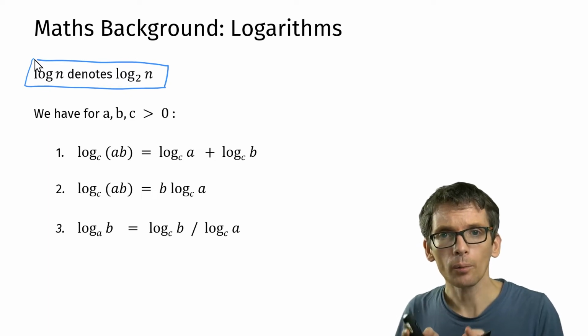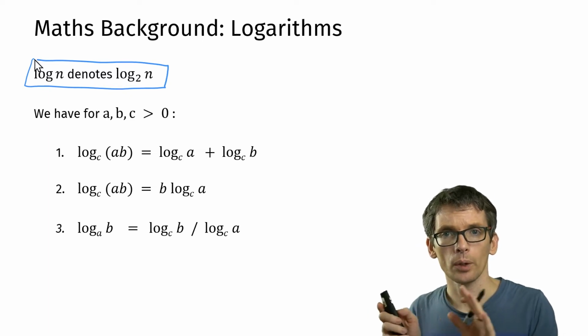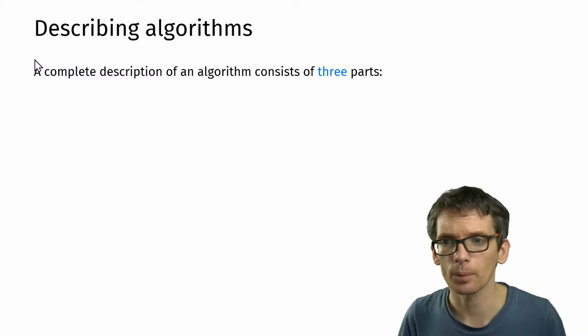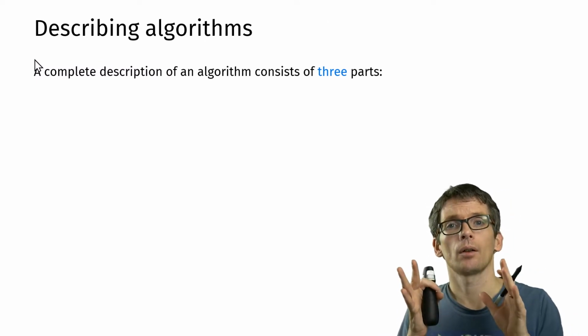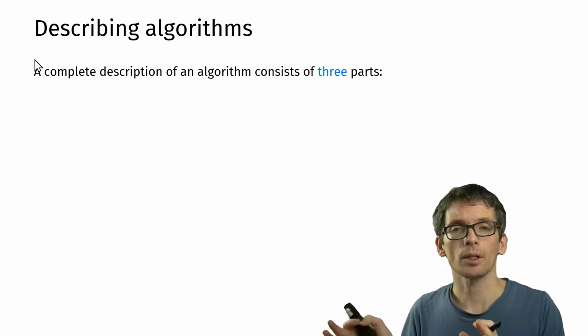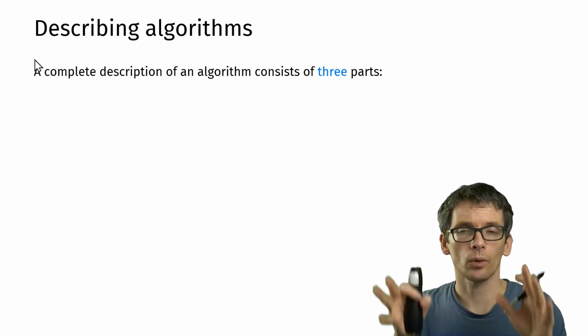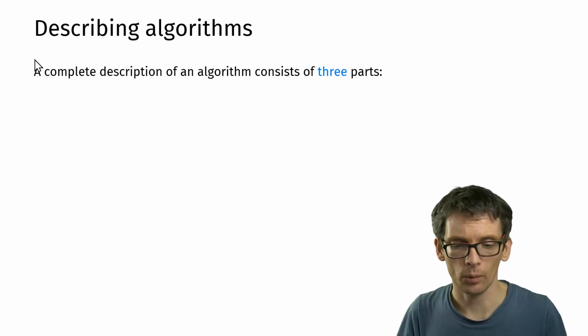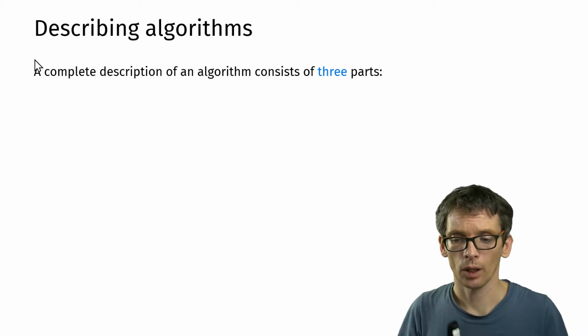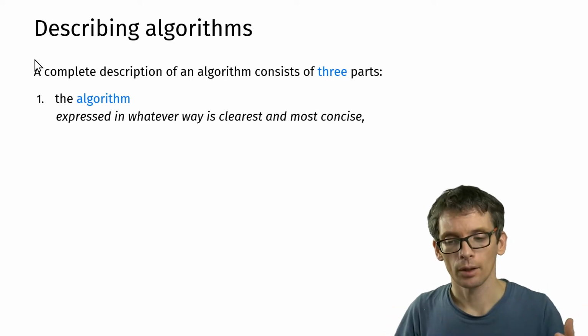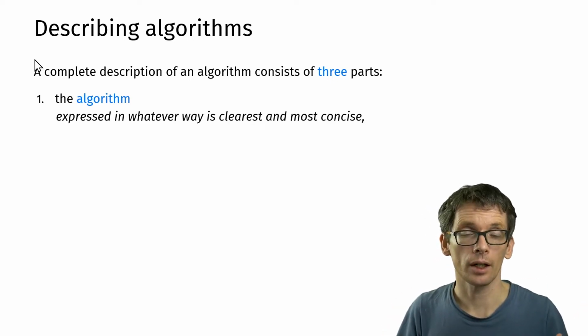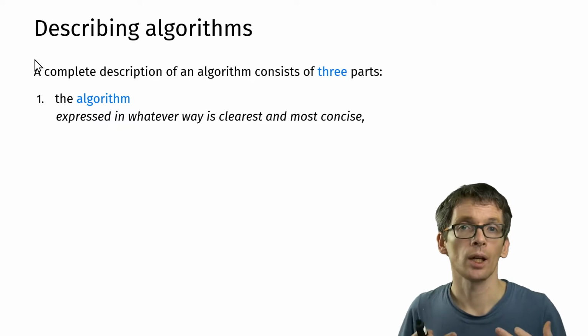I want to put that into use in a quiz soon, but let me first wrap up a bit further. When we describe an algorithm, we talked about requirements, and these will also be the aspects we focus on. A complete description of an algorithm will have 3 components. One is the algorithm itself, a description of it.